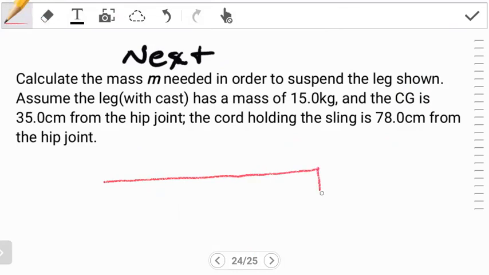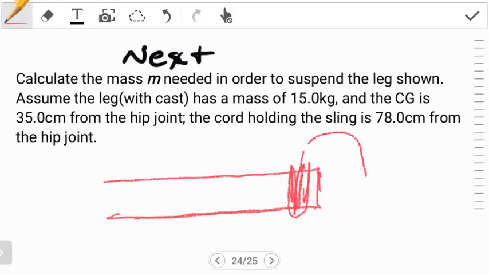And then at the far end, we're assuming this is horizontal, of course, we have something tied up here. And then we have a mass that is suspended at the far end.